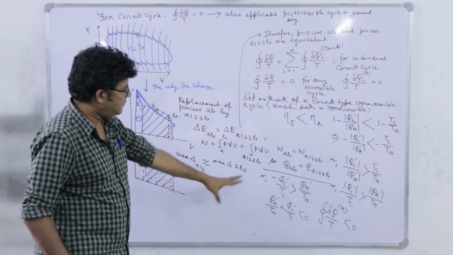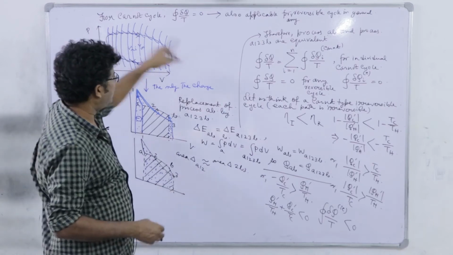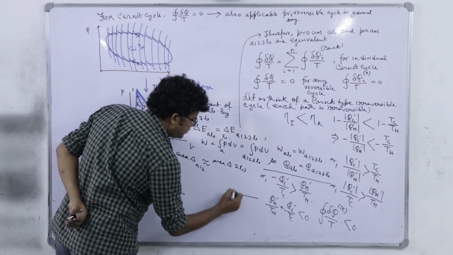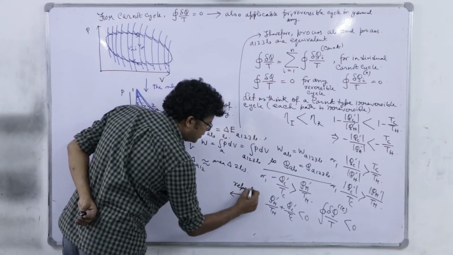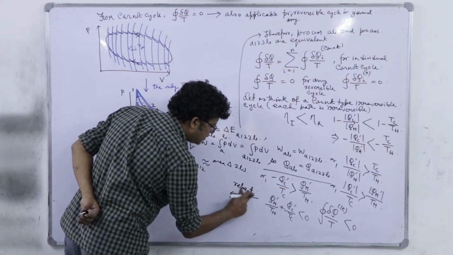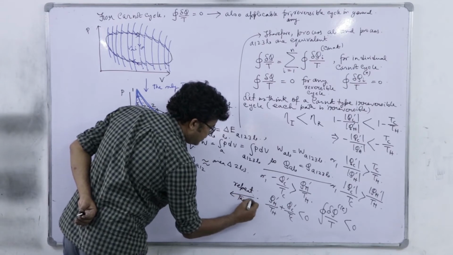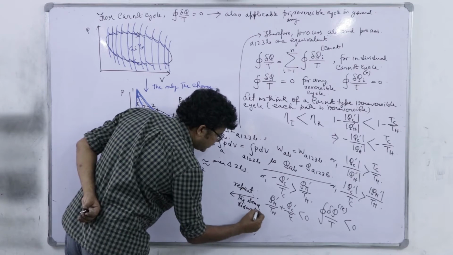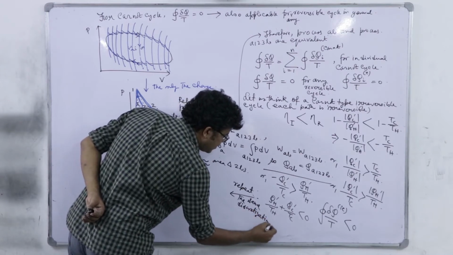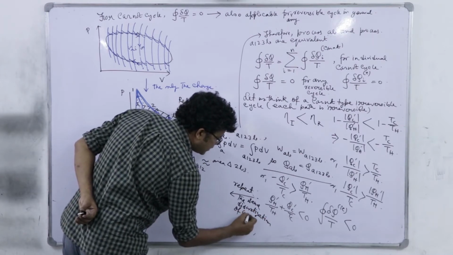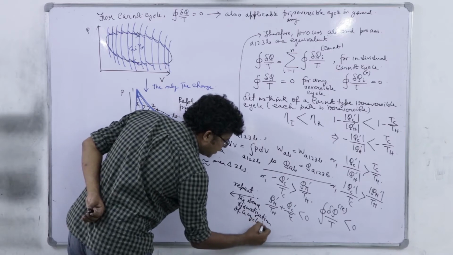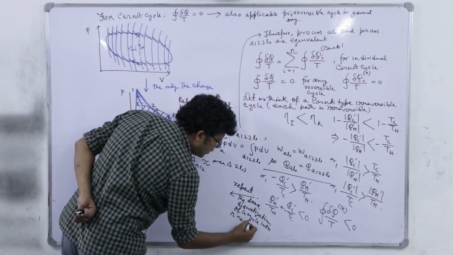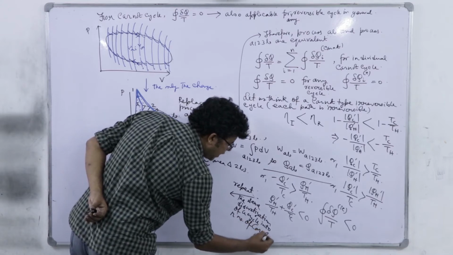So if I have this, we repeat the same process as we have done here: repeat the same discretization of a cycle into n numbers of Carnot cycle.